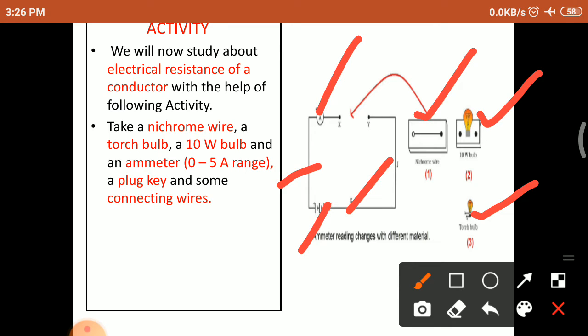For doing this activity, you have to take nichrome wire, 10-volt bulb, torch bulb, wire, voltage source, key.